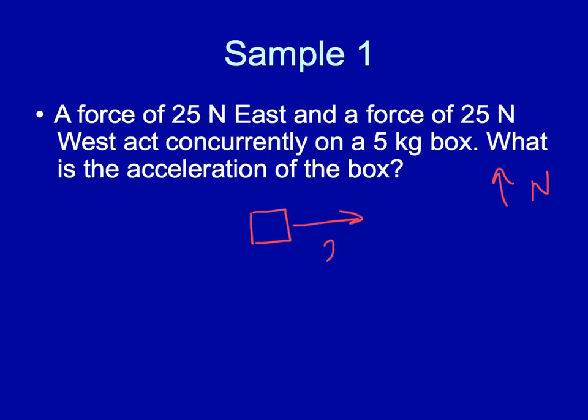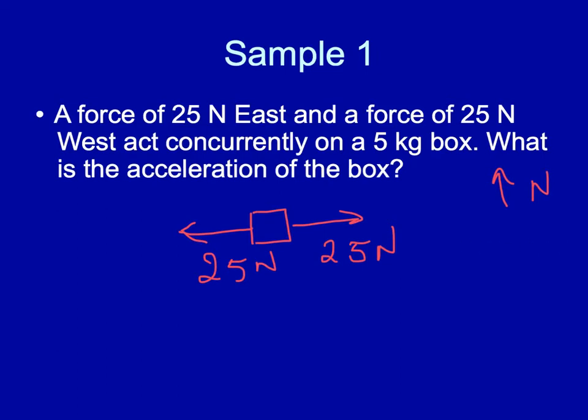I have 25 newtons pointing to the east. I have 25 newtons pointing to the west. Obviously, it can only accelerate in that direction if we assume it's sitting on a flat surface.